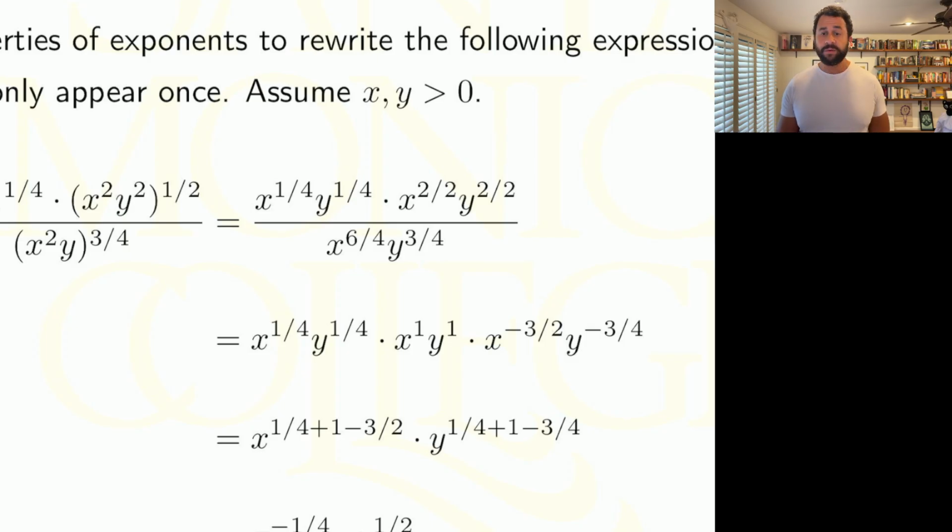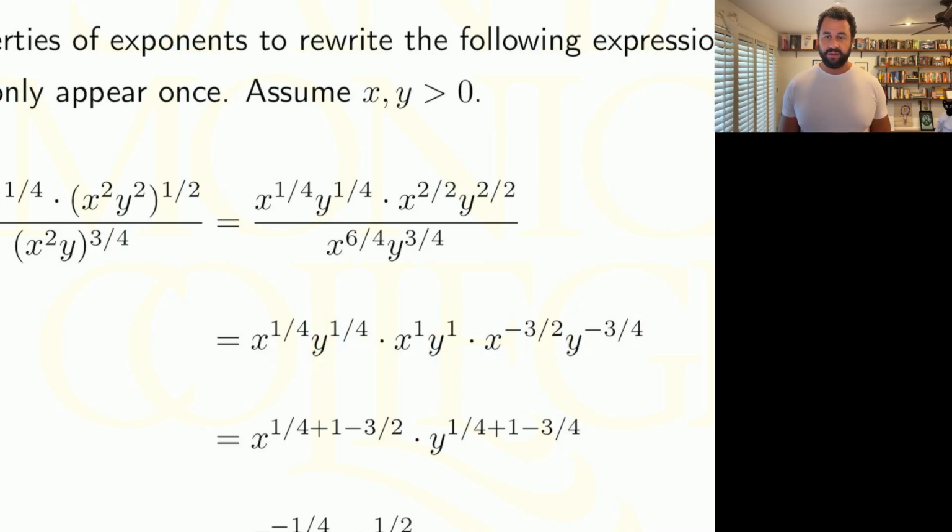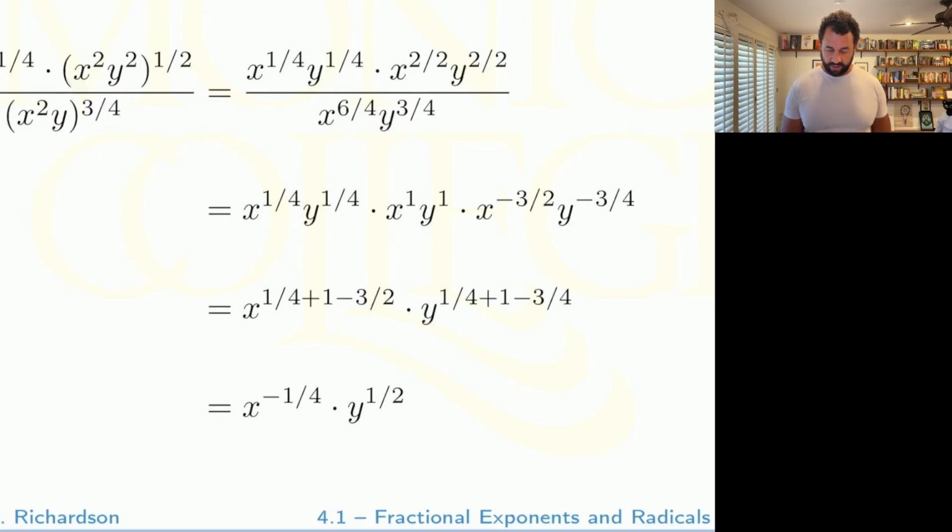Now we're going to combine all of these expressions that involve x and all these expressions that involve y. Here's one, here's one, here's one. So we're going to write it as x to the all of that. And here's one with y and y and y. So we're going to write it as y to the all of that. And now we're back to where we were in the previous problem, right? We just have some fractions that we need to add up.